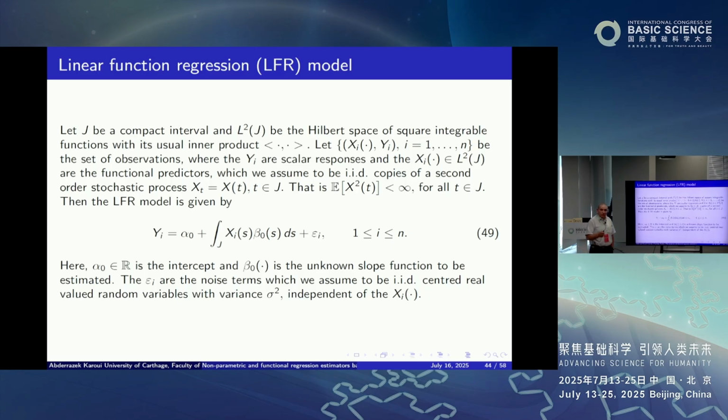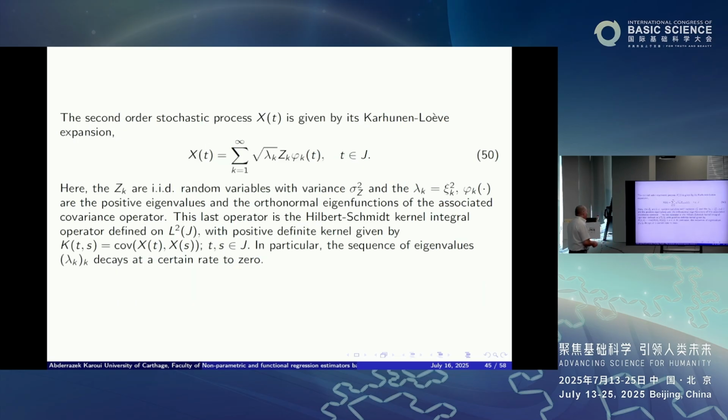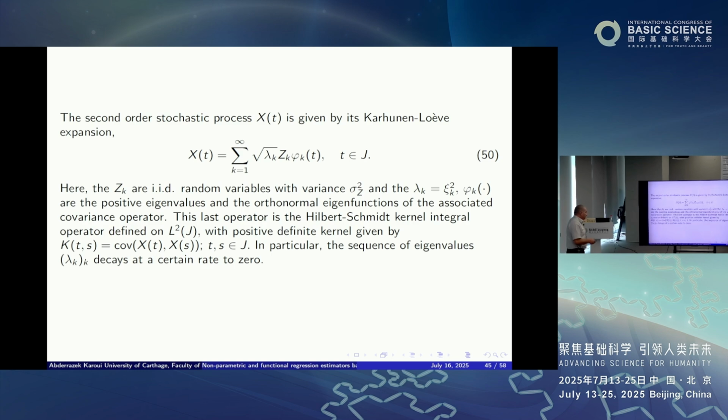Are you familiar with random processes? An important theorem about square integrable random processes is the Karhunen-Loève expansion, and the random process can be written in this series expansion, where the phi_k are an orthonormal basis.